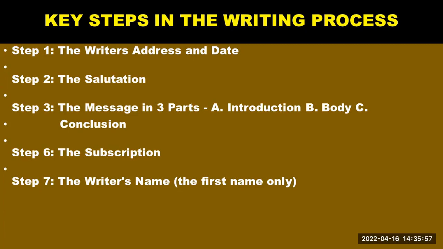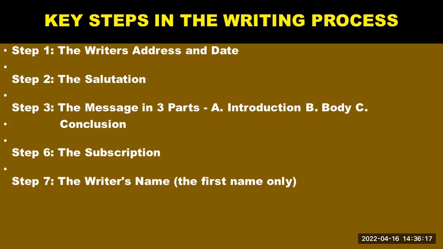And then step number 7, which is the final step in this writing process, is to write your name or the writer's name, and it should be the first name only. When you are writing a personal or an informal letter, you don't write your full names.